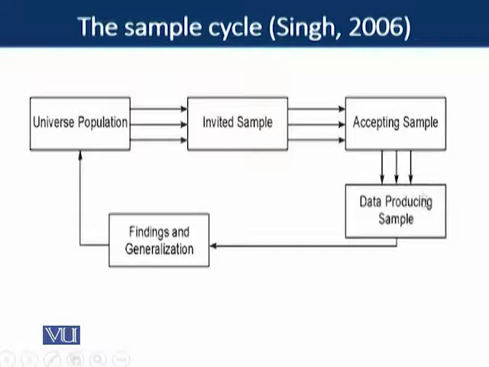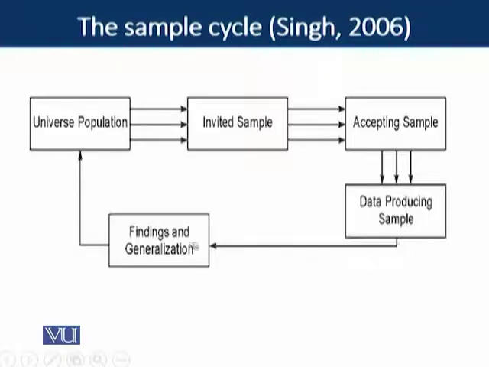Okay, so when you have produced the data from the sample at this stage, you then analyze and interpret your data within these steps, and ultimately you come up with your findings. Your findings and generalizations are basically the true representation of the data producing sample.